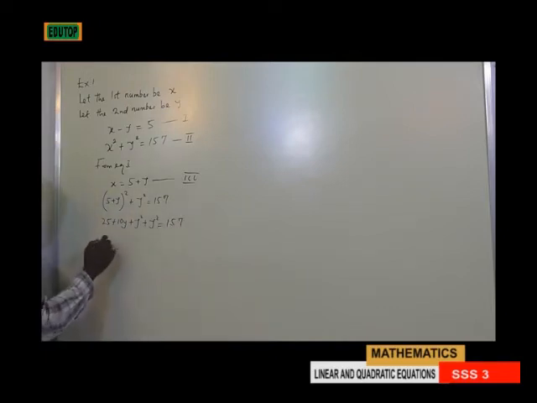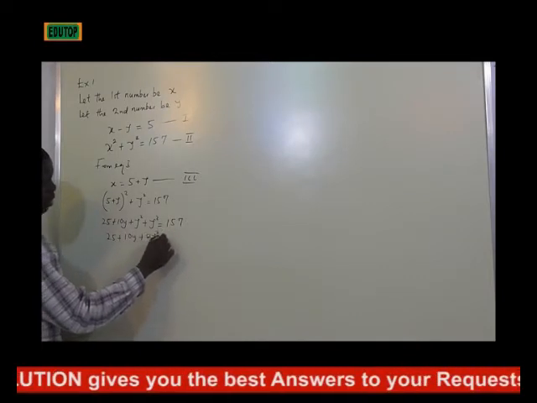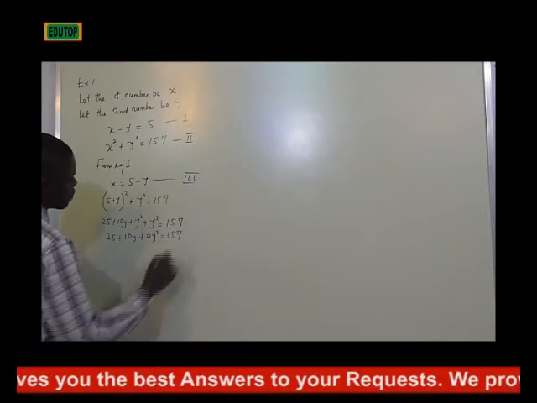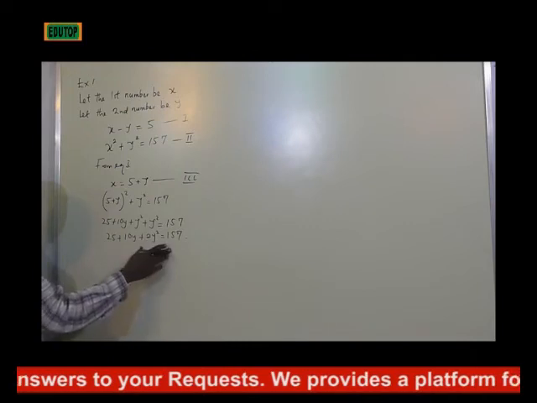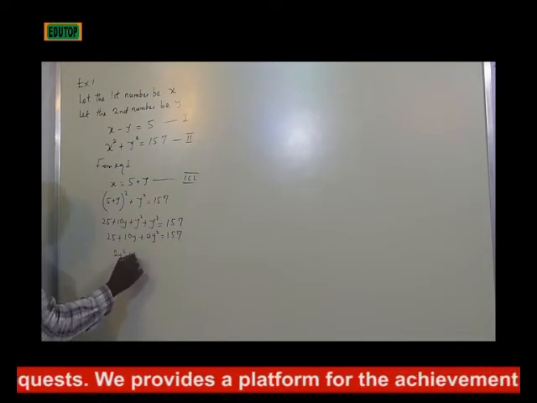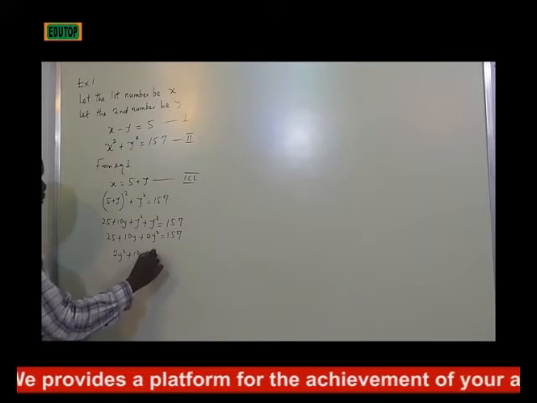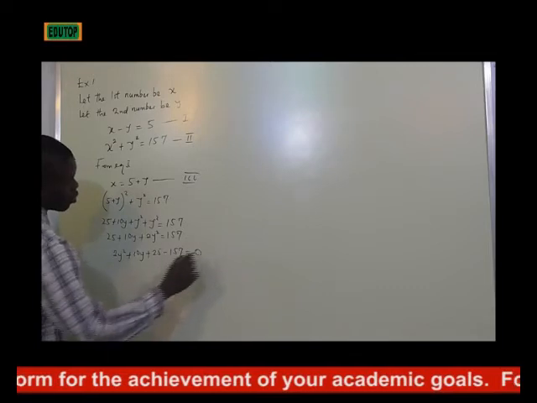To simplify this, I will have 25 plus 10y plus 2y squared equals 157. Then I rearrange to make it look like a proper quadratic equation: 2y squared plus 10y plus 25 minus 157 is equal to 0.